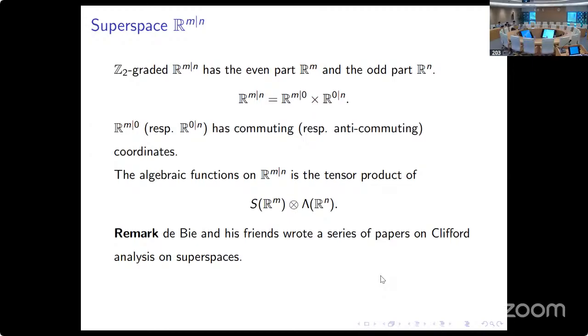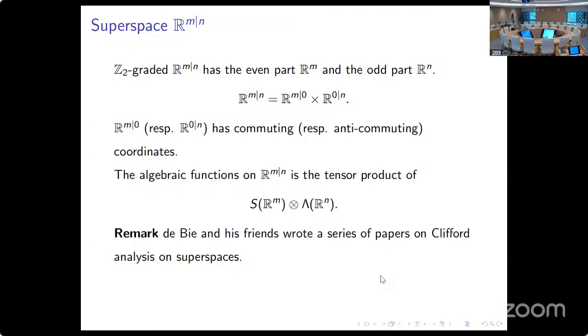So we have this superspace case. Superspace case is basically we have some commuting variables and anti-commuting variables. For the commuting variables, we get the symmetric functions, but in order to do the differentiation and in the L2 space, I write S, where S is the Schwartz space.